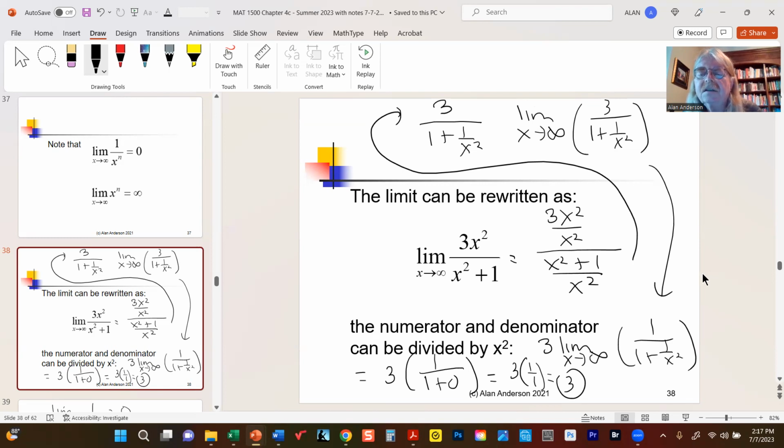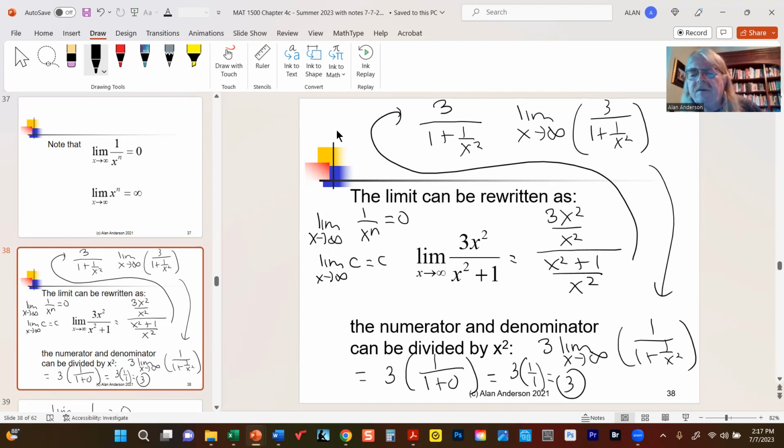Now that's good news, because we actually don't even need L'Hopital. As you know, the limit as x goes to infinity of 1 over x to any power is just 0. And the limit of a constant, no matter what we're converging to, is just c.